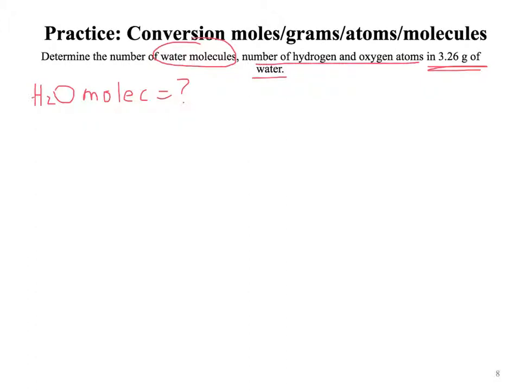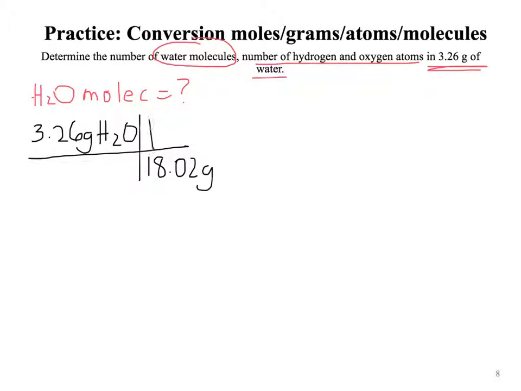So we always start off with the information they give me, which is 3.26 grams of water. I need to convert to moles first and then to molecules, just like we did in the previous problem. So I know water is 18.02 grams for every 1 mole of water.